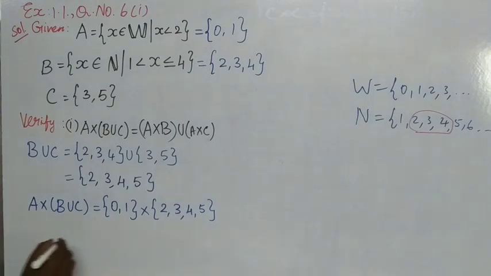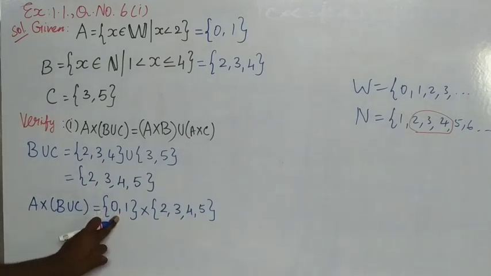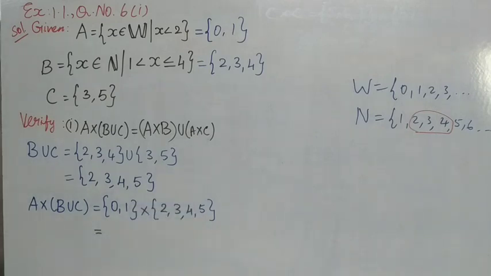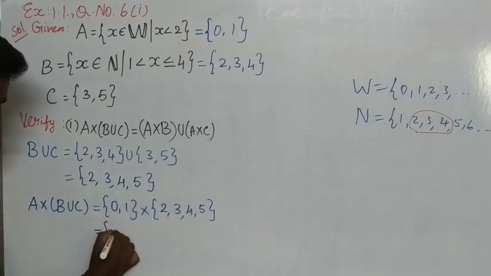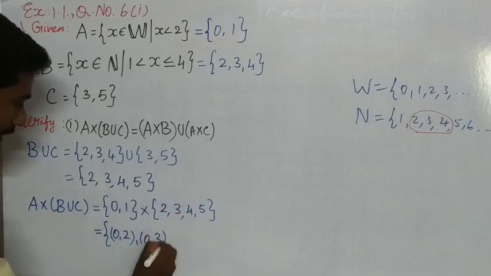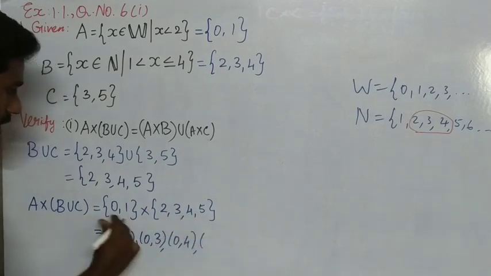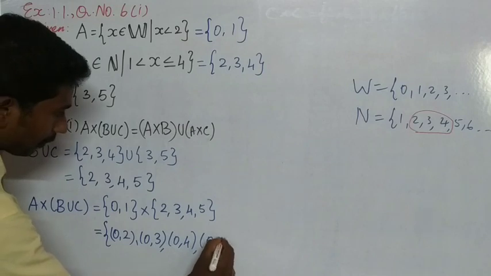Now you can make the Cartesian product as the usual method. First we take the first element of the first set with all the elements in the second set. So first (0, 2). Next (0, 3). Next (0, 4). Next (0, 5).